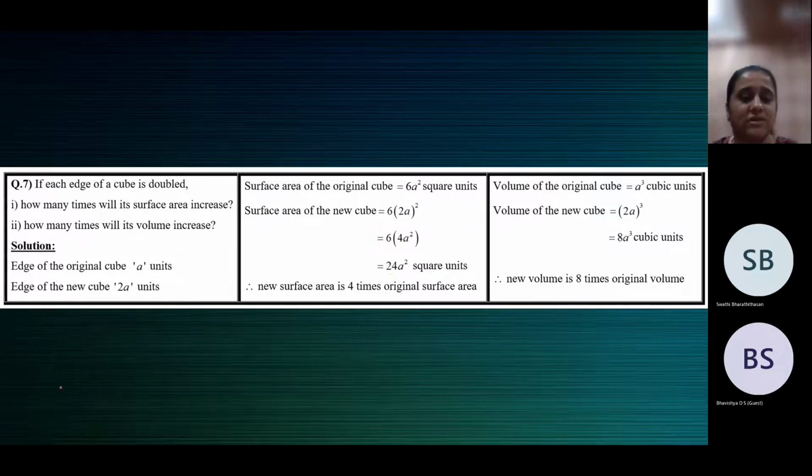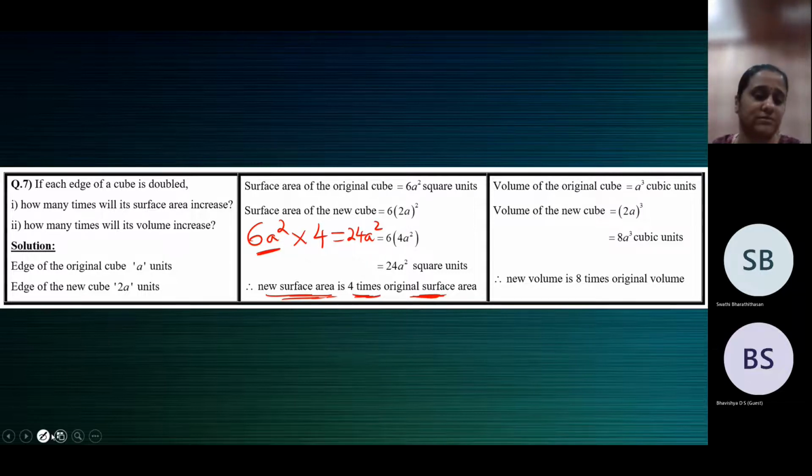So the original surface area into 4 is the new surface area, 24A square. That means the new surface area is 4 times the original surface area.